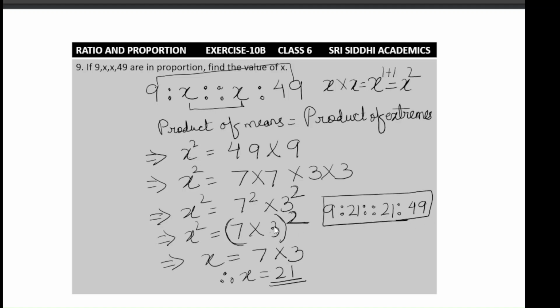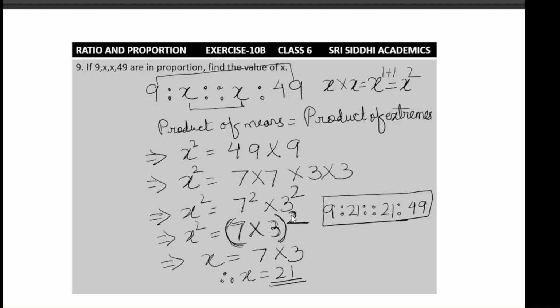If you have any doubts about how it came from here to here, I'll explain again. 7 into 7 is 49. 3 into 3 is 9. This step is easily understandable. Then 7 into 7 I can write as 7 squared, and 3 into 3 as 3 squared. Now both 7 and 3 share the same power 2. So I write 7 inside the bracket, multiply it with 3 and then put the common power outside the bracket.